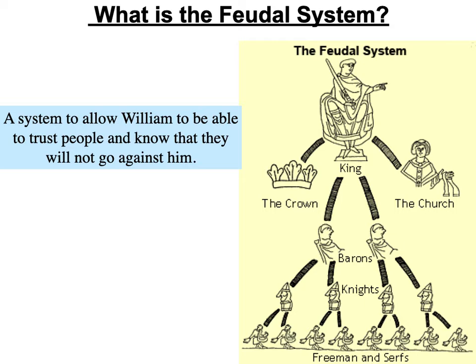So they got freemen or serfs, freemen or villeins, to work the land for them. So here in this system, the only people who are actually producing any food and doing any work really is that very bottom row, the freemen and the serfs. Everybody else's job is military, to fight and keep control.